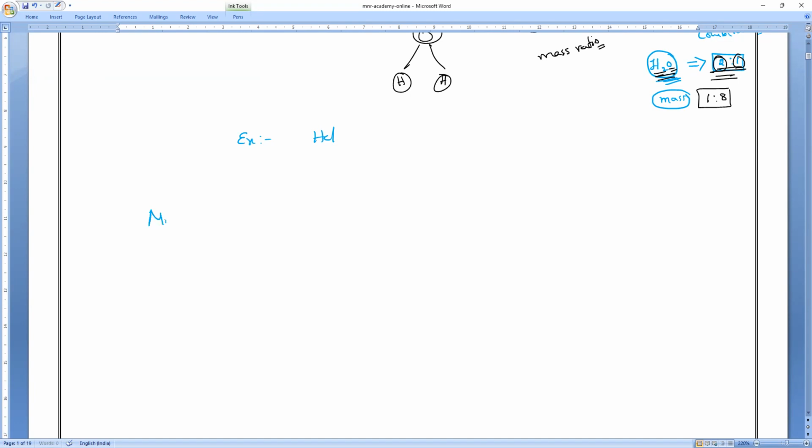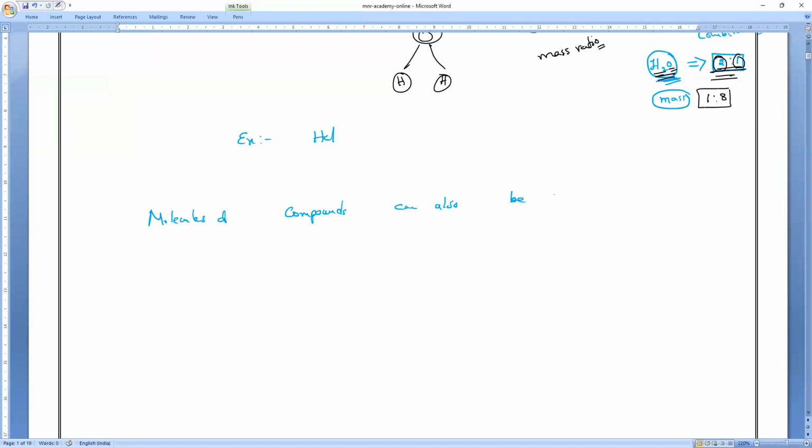Write it: molecules of compounds also. Molecules of compounds, but no monoatomic molecules of compounds. Clear, everybody? Starts from where? Only diatomic.